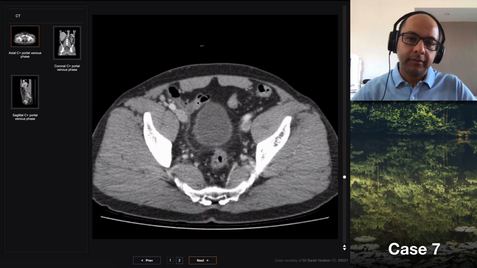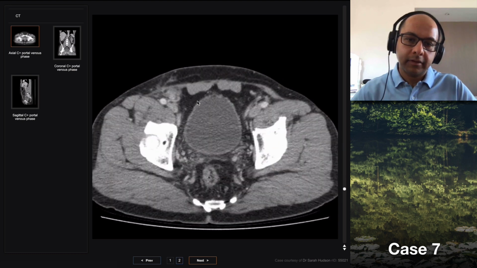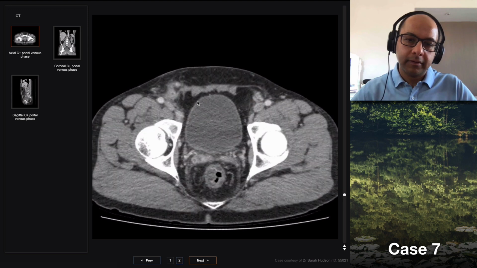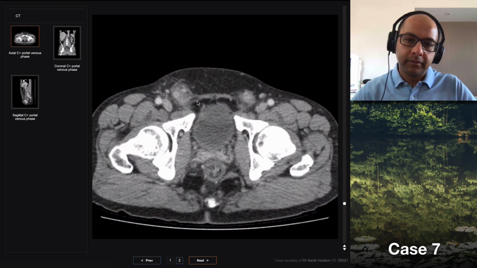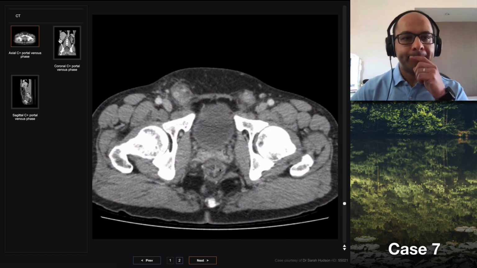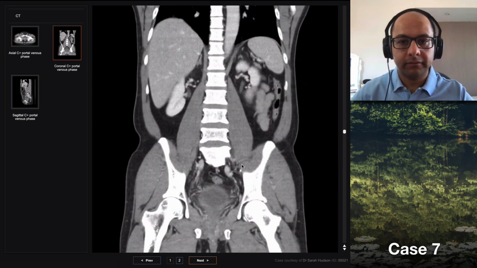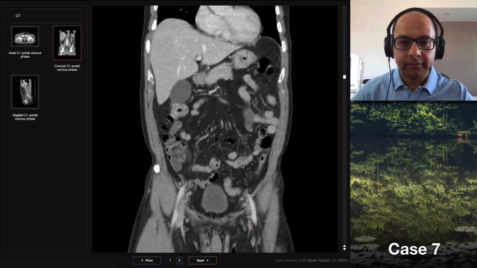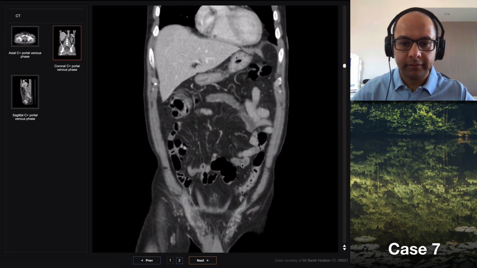Enhancing. Nothing else in particular sticks out. It doesn't appear to be bowel that's going in, I don't think. Let me just look in the other view.